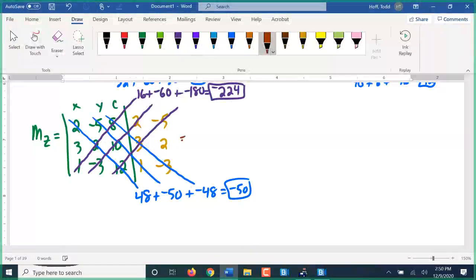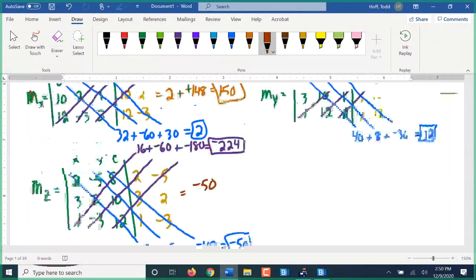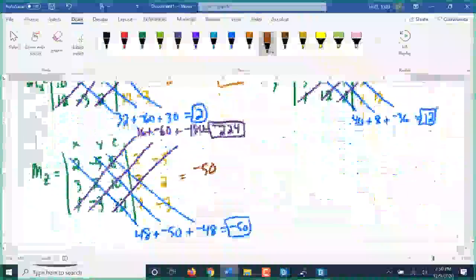So now we have a negative 50. Something seems off there. 60. No, that seems right. Make sure I got all my numbers correctly in there. Yep.